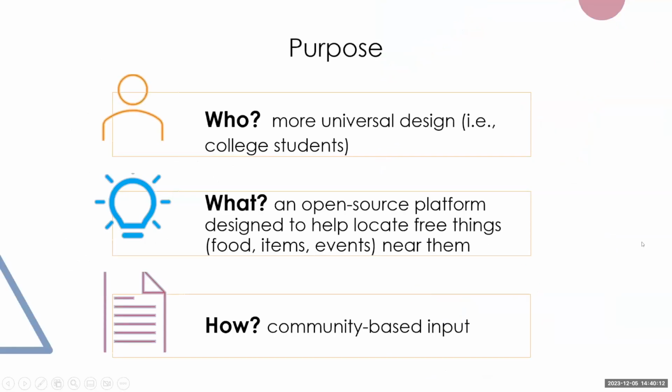The purpose of this, I intended it for the WHO to be a more universal design. College students is the main one. I thought about campus and how there are a lot of events that happen around campus, as well as areas that have maybe food pantries. And we really don't know that because it's not easily displayed anywhere in a main area. You have to really go searching for this kind of information.